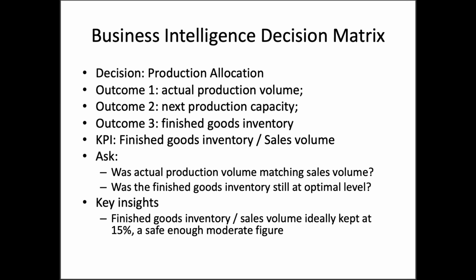Outcome 1 column is the actual production volume. Outcome 2 column is the next production capacity for the next round. Outcome 3 column is finished goods inventory. The KPI column is finished goods inventory divided by sales volume.